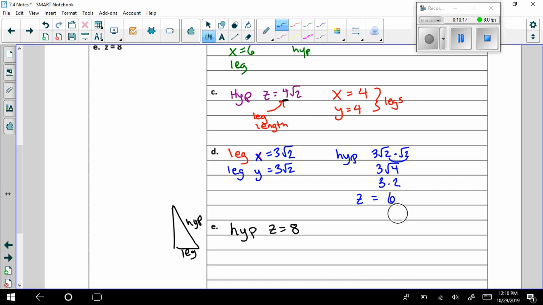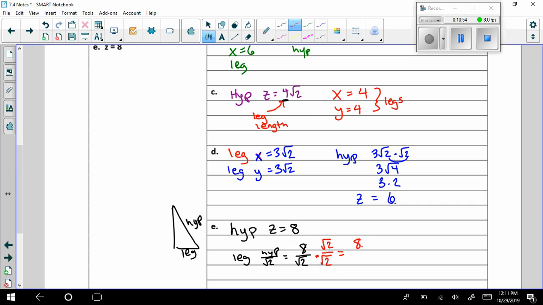Okay, so to do that, the leg is the hypotenuse divided by the square root of 2. So we're going to take 8 divided by square root 2, which is our leg length, but because we have a square root in the bottom, we're going to do what's called rationalizing. We're going to multiply that by square root 2, and what I do to the bottom, I also must do to the top. So we have 8 square root 2 over square root 2 times square root 2.